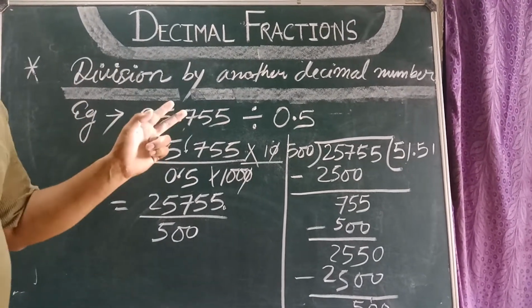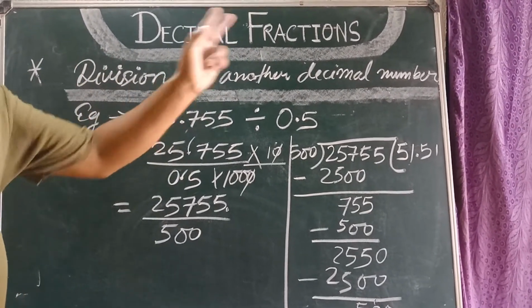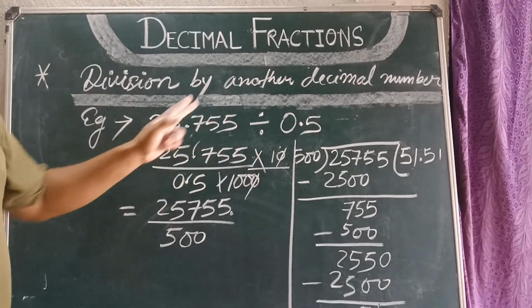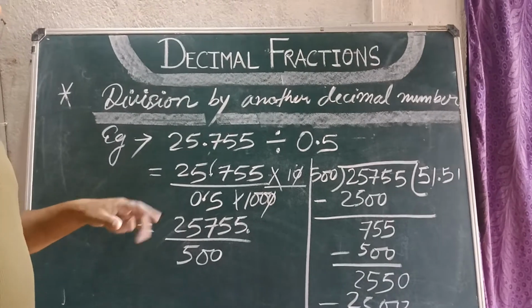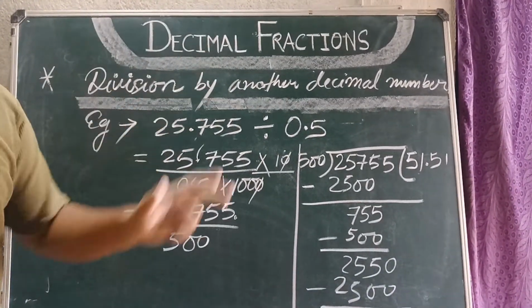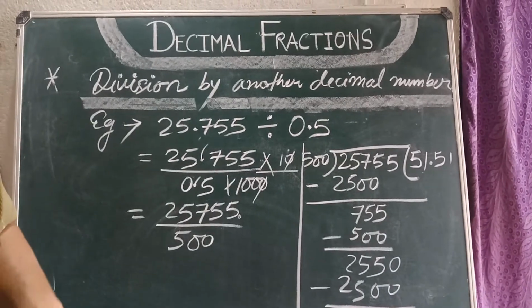We took 10, 100, 1000 for dividing, then we have taken a whole number, and then we have taken another decimal number. So these explanations will help you to go through the exercise 4C of Selena Publisher.